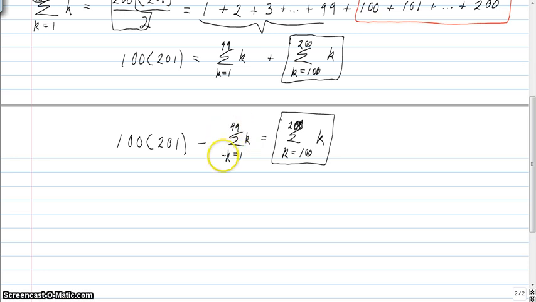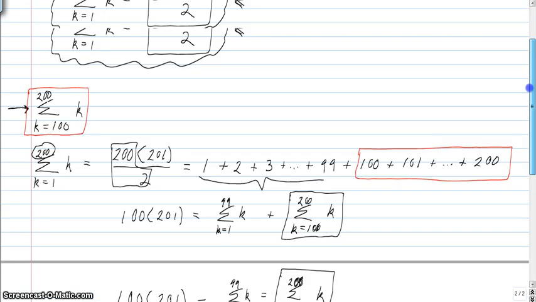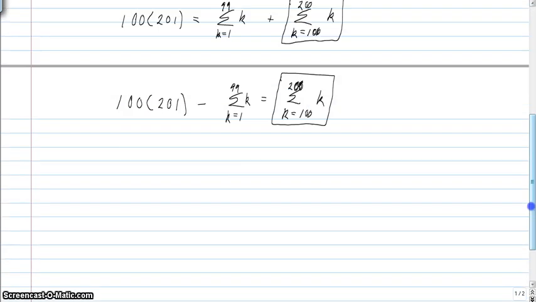And then to calculate this, I'm going to use my formula again, n times n plus 1 over 2. So I've got 100 times 201 minus, with n now 99, 99 times 100 over 2, and that's going to equal my sum.